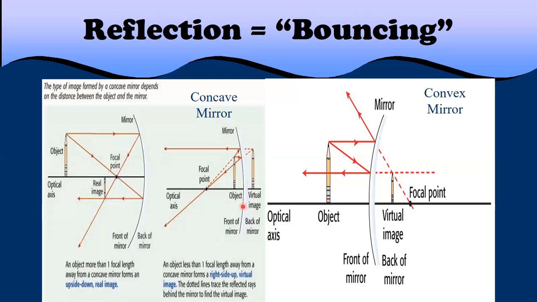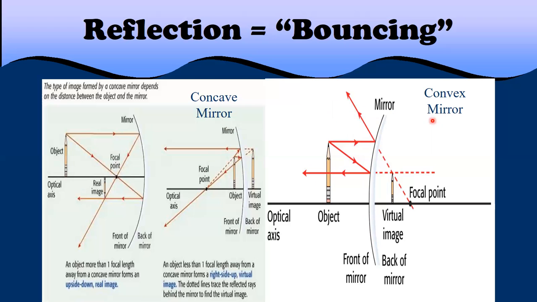Now if we turn that around and we have a convex mirror, the convex mirror is like the back side of the spoon. You see it? It's like the back side of the curve. So the light bounces off of that differently. It almost makes a bounce from the object to the mirror and back.